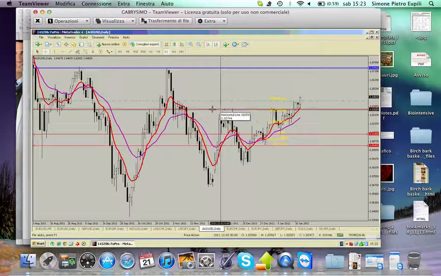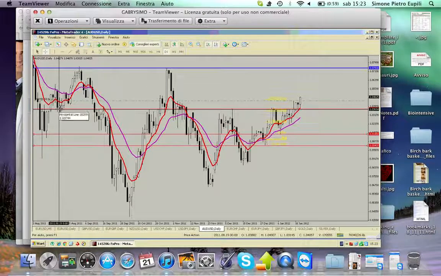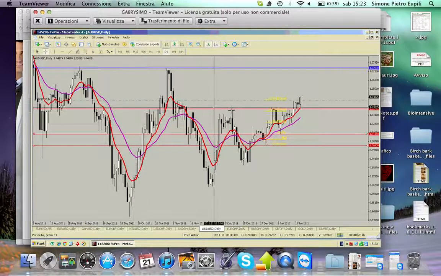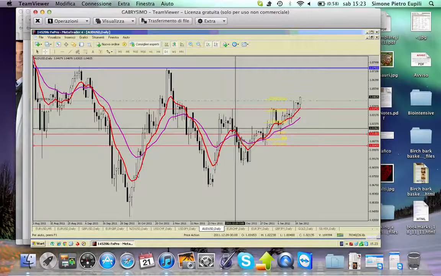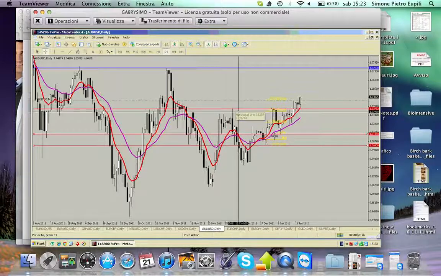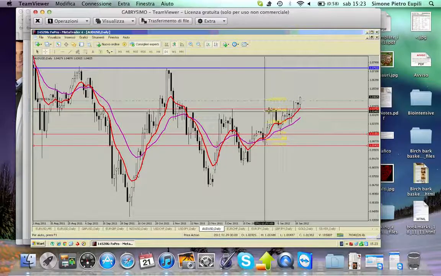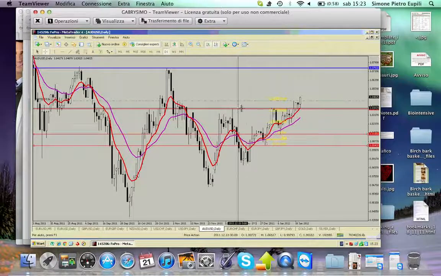This is an area of resistance that worked here and was a previous support here, and made a big retrace here of around 500 pips, so it can be a good target. We can double our risk making a target here.